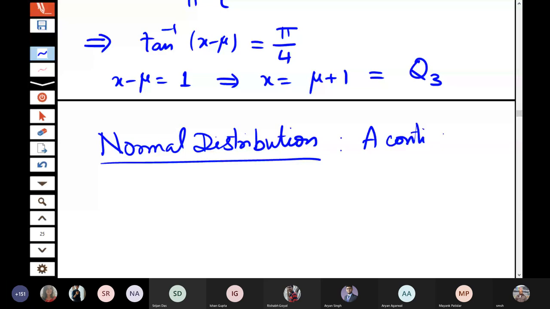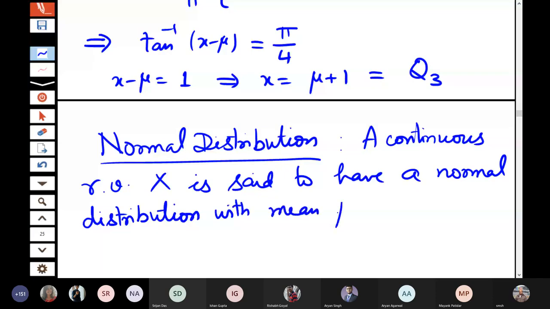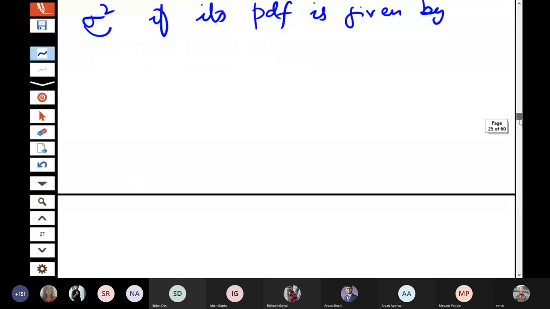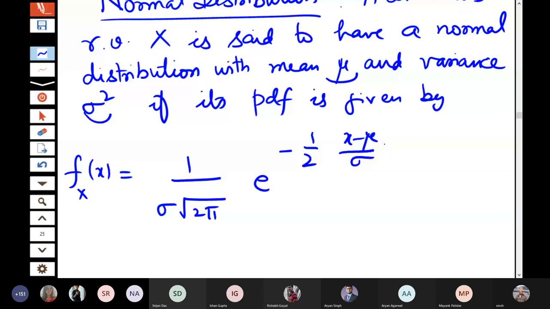A continuous random variable x is said to have a normal distribution with parameters mu and variance sigma square, if its PDF is given by 1 by sigma root 2 pi e to the power minus 1 by 2 (x minus mu by sigma) whole square.